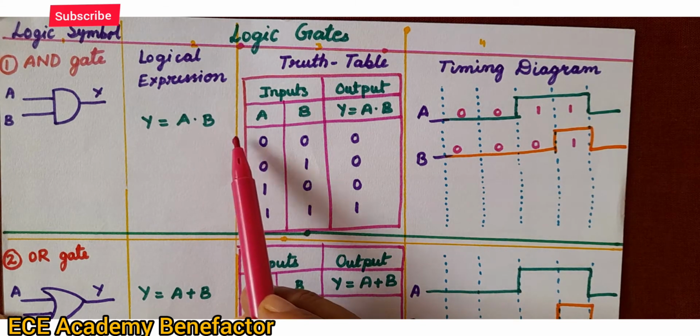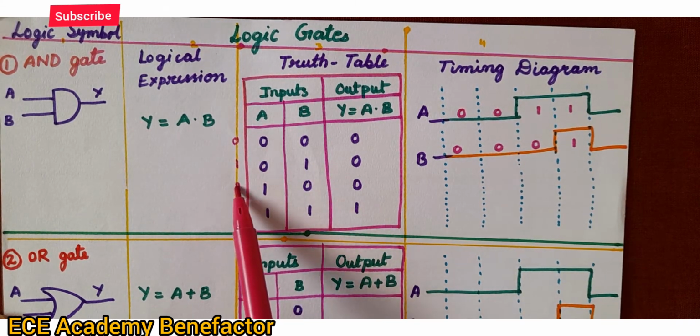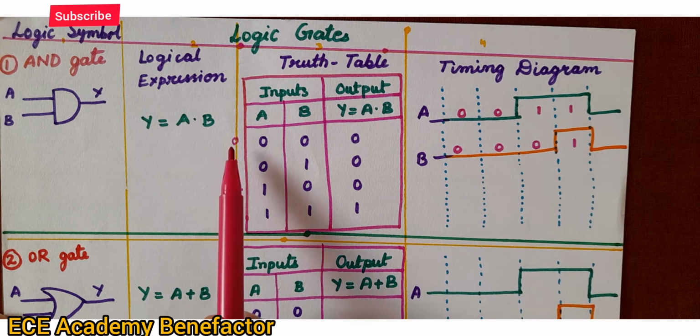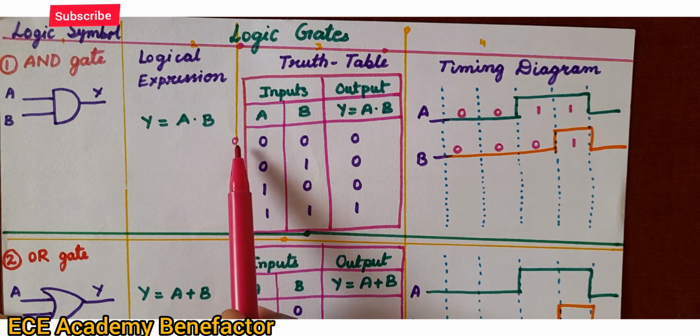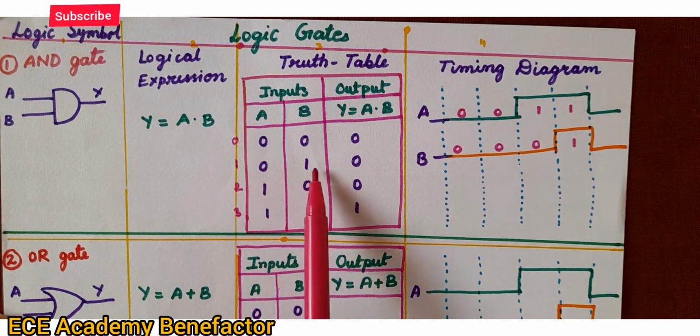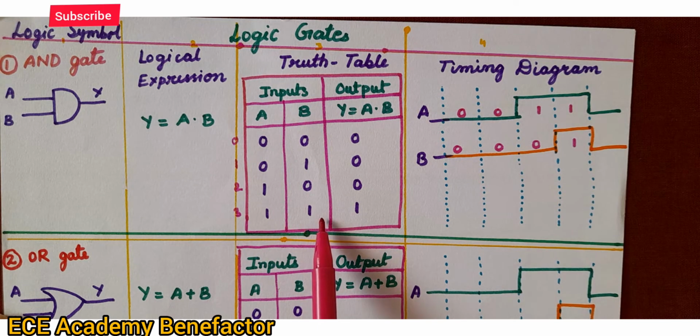In decimal they are 0, 1, 2 and 3; in binary, 0 is 00, 1 is 01, 2 is 10, 3 is 11.